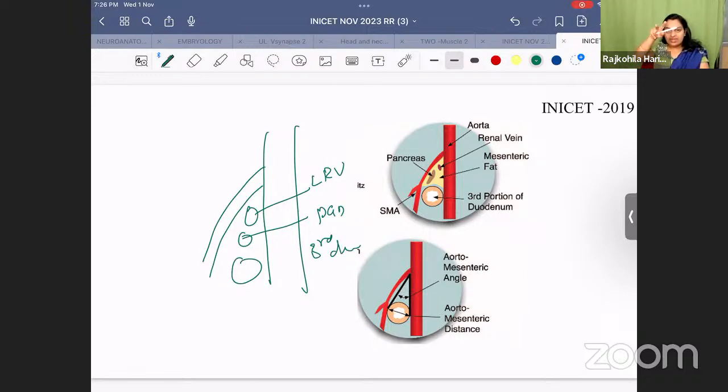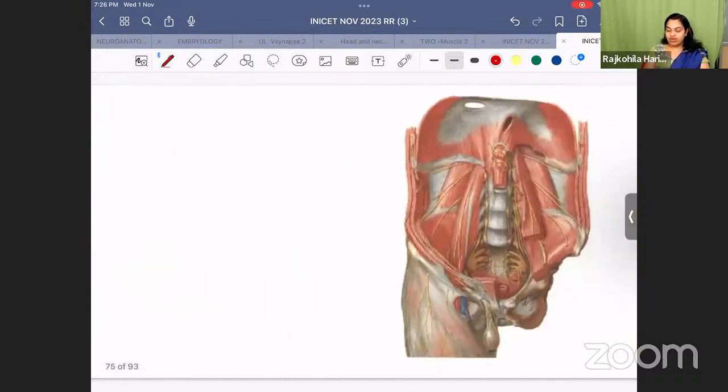Sometimes when this angle is reduced, it can compress these structures and it goes by the name Wilkie's syndrome or the nutcracker syndrome, right? So the anterior relations of the third part of duodenum are important, right?